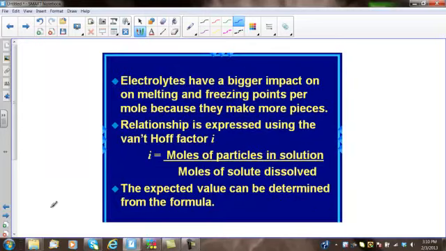Electrolytes have a bigger impact on the melting and freezing points per mole because they make more pieces. The relationship is expressed using the Van't Hoff factor, or i: your moles of particles in solution over your moles of solute dissolved. From that, we can determine an expected formula.